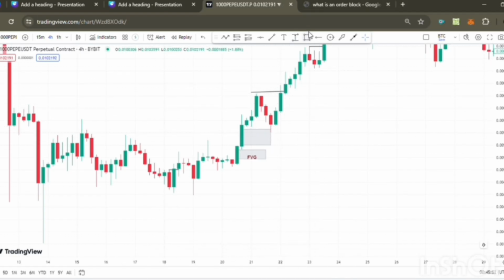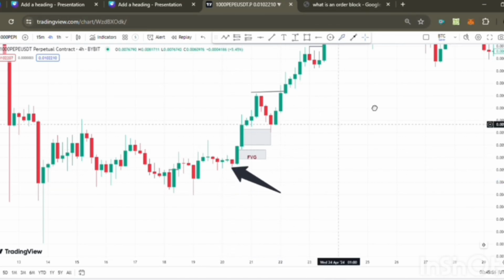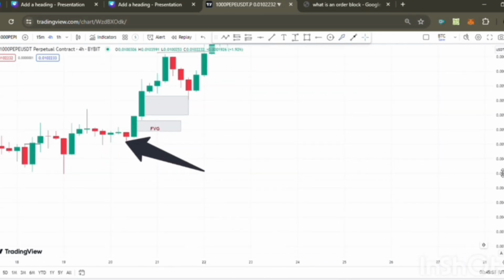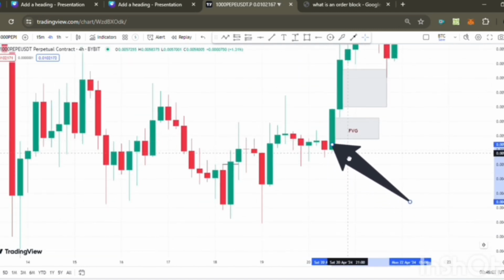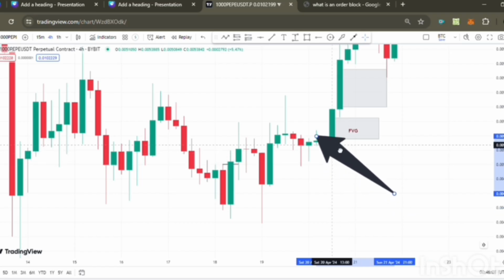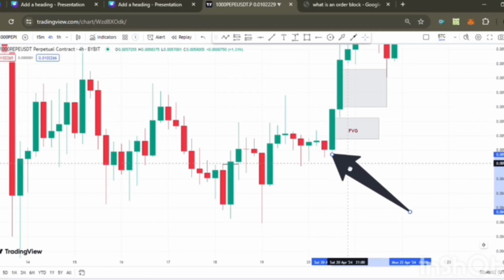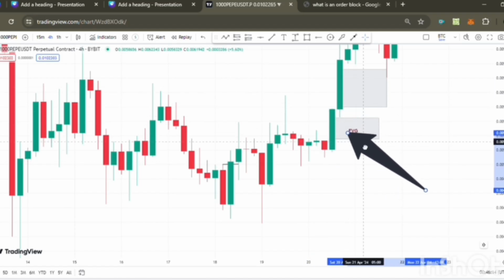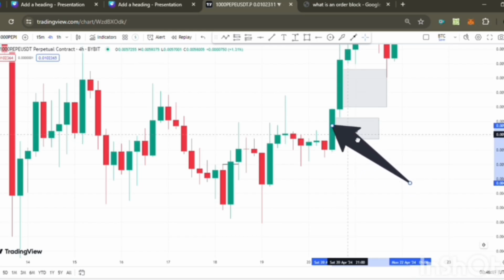This is what it means to completely sweep the liquidity of the previous candle. This bearish candle here, this red candle, its lower wick completely swept the liquidity of the previous bullish candle here. You can see it, before it drastically pushed up to the upside, causing the market imbalance, the inefficiency in the market.